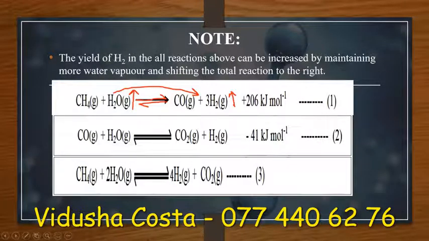The yield of hydrogen in all the reactions above can be increased by maintaining more water vapor, shifting the total reaction to the right. Same thing. If you increase the H2O gas concentration, to decrease that, the forward reaction takes place, thereby the hydrogen gas concentration increases. So that's what happened here.